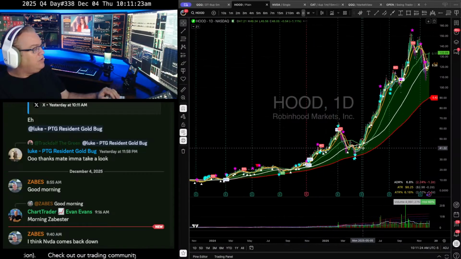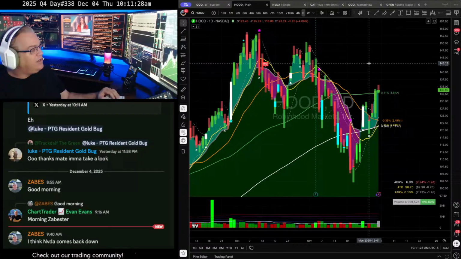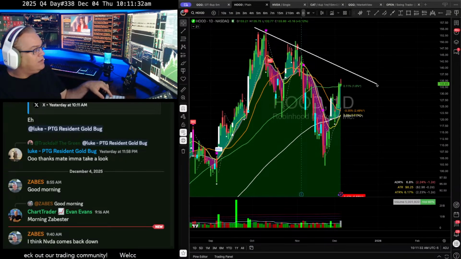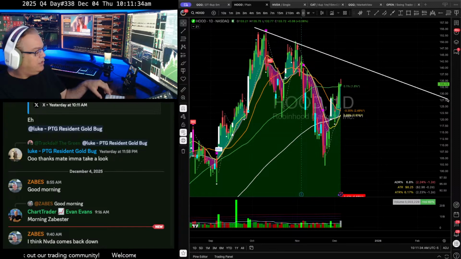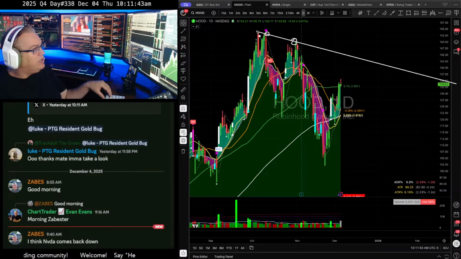Yeah, Robinhood's doing great. Now, if you put a trend line resistance on that, there's several ways you could do that. You have this. When is it going to break out of that particular trend line and those touch points? And then you have this one, which it recently broke out of right here.